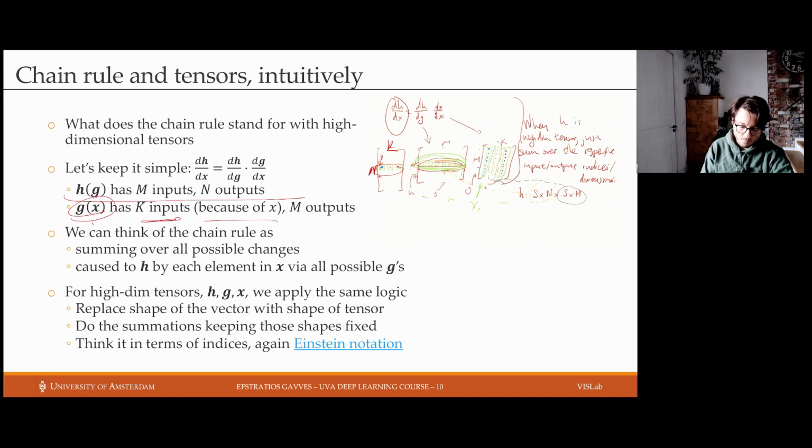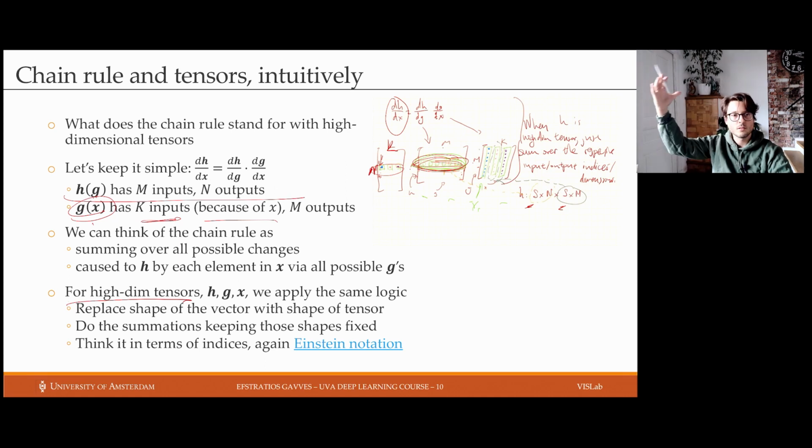Now, why do I say that? Because when we have higher dimensional tensors, it's exactly the same thing. Nothing changes, right? So when we've got here a batch of these, we have to append one extra dimension. The only thing we do is a mental switch, and we replace this row here with a matrix or with a tensor, nothing else.